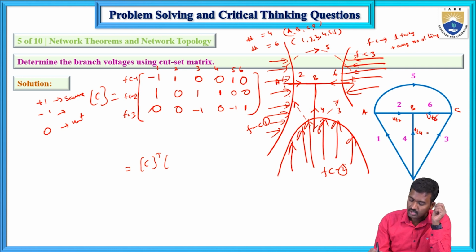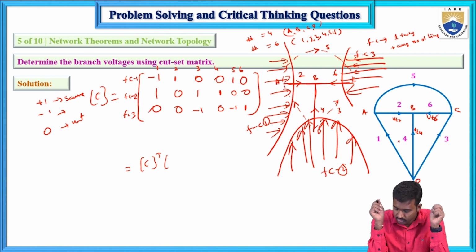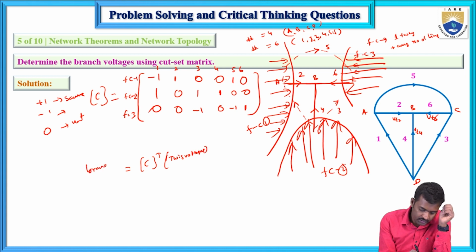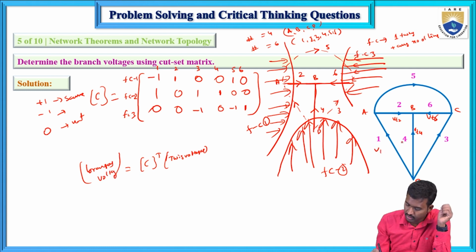So these are the cut set branch voltages, these are the twig voltages, and this is the branch voltages: V1, V2, V3, V4, V5 and V6.